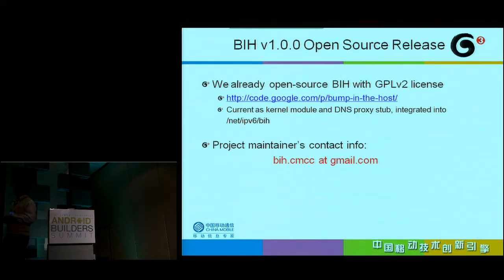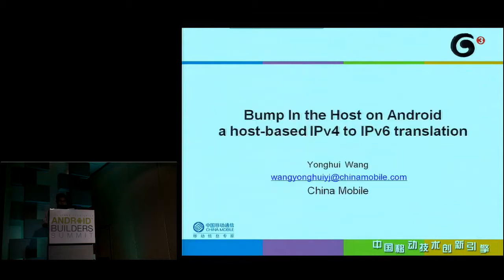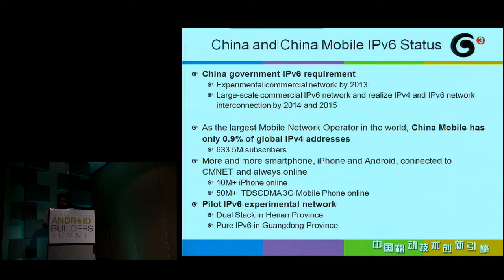In China Mobile, we now have these 2 experimental networks. One is dual stack, and another is pure IPv6 in Guangdong.